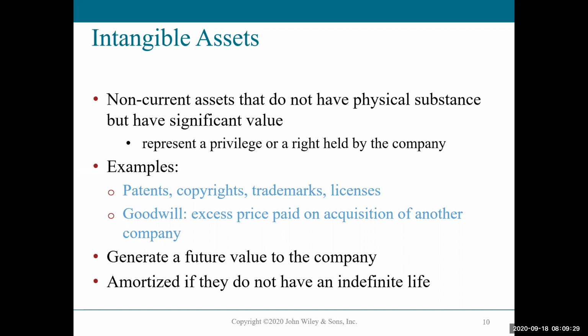So they are a little bit different in that regard from property, plant, and equipment items. If they have a definite life, then you would amortize those intangible assets. But if they have an indefinite life, then you cannot amortize them, but we do have to check them for impairment. Right?